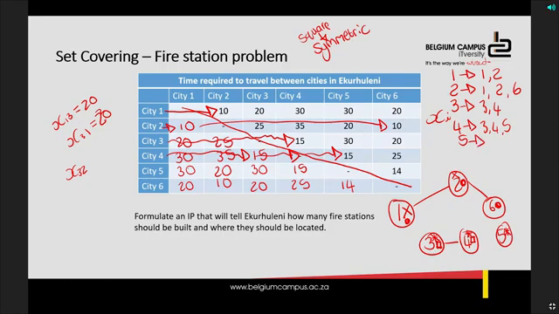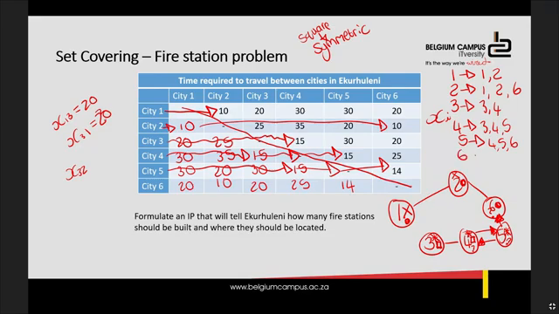Getting quicker. City 5 is going to cover 4, itself, and 6. So I'll make a sign, a question mark. 4, itself, and 6. I'll make arrows to show you this goes to that. That one can also cover that one, just to show you an example if you wanted to do it like that.